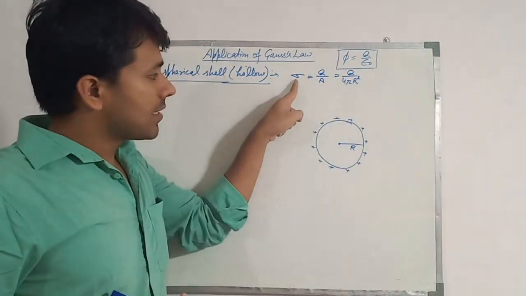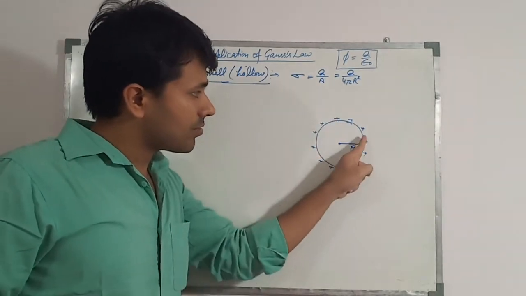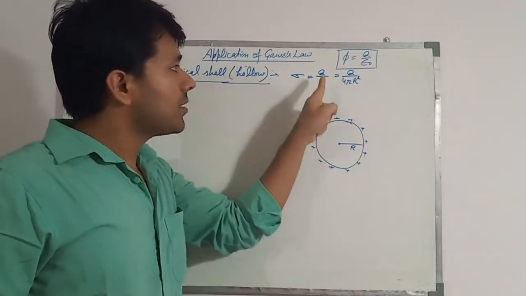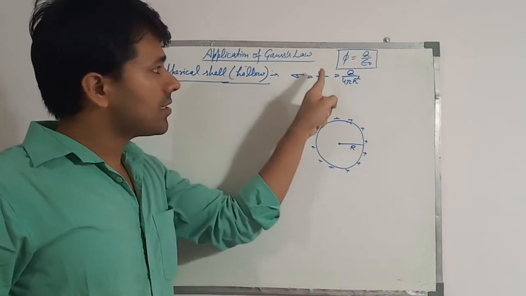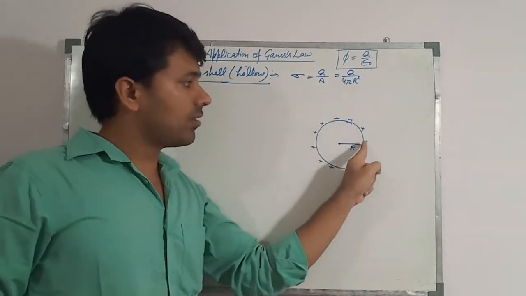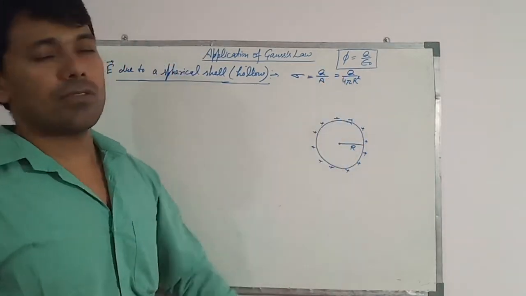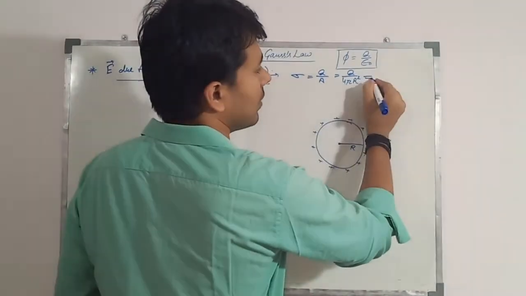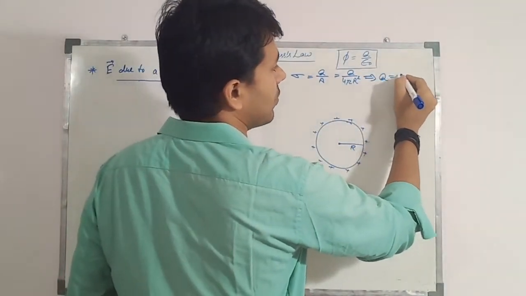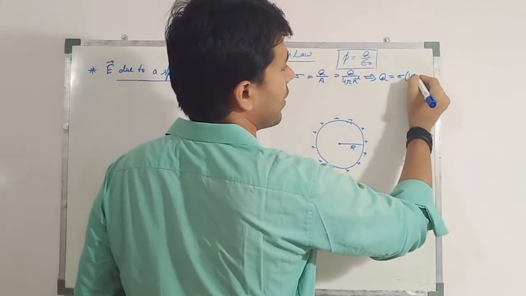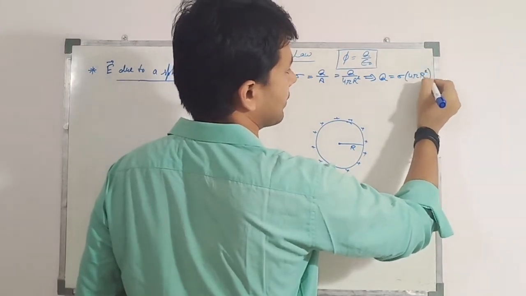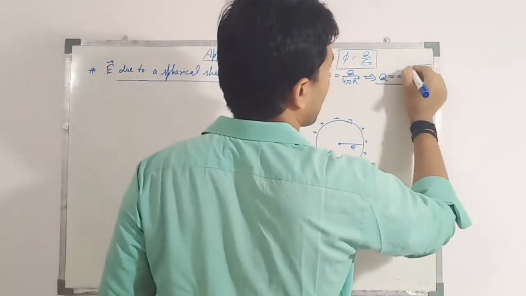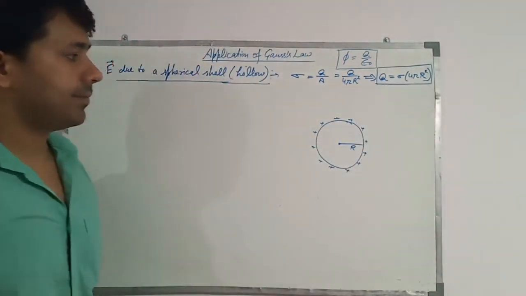Sigma is the surface charge distribution of this shell, meaning the total charge contained by this shell is Q, and the total area is 4 pi R square. So from here we can write Q is equal to sigma 4 pi capital R square, right?